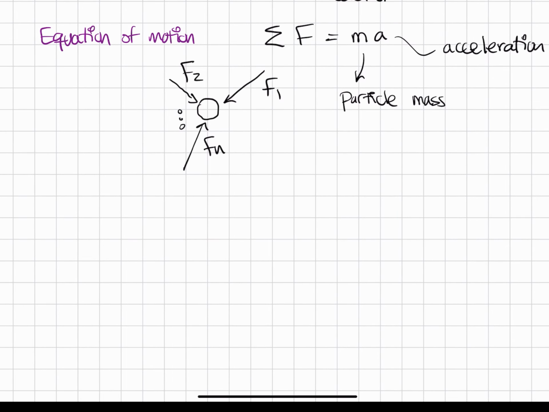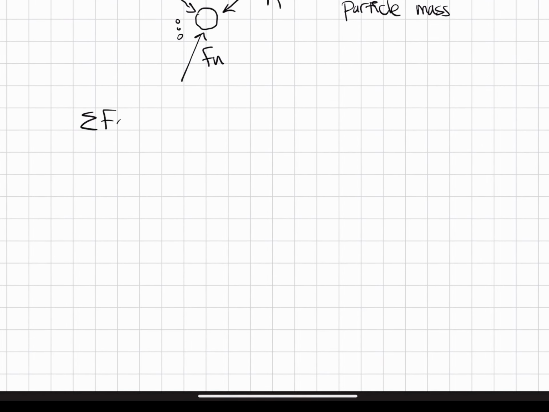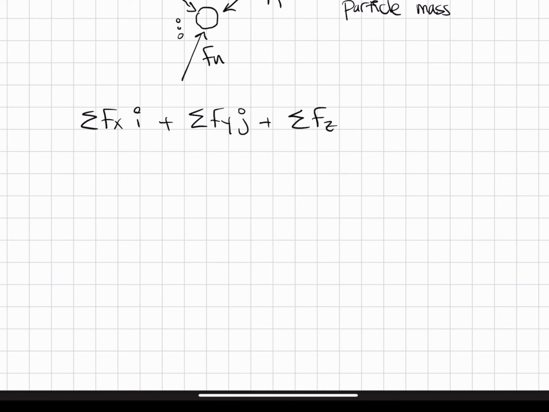And of course, in 3-dimensional coordinates, we could say there is a decoupling between the x, y, and z axes. So all the forces in the x direction multiplied by the i unit vector, i is the unit vector in the x direction, plus all the forces in the y direction multiplied by the j unit vector, plus sigma Fz k. k is the z unit vector.